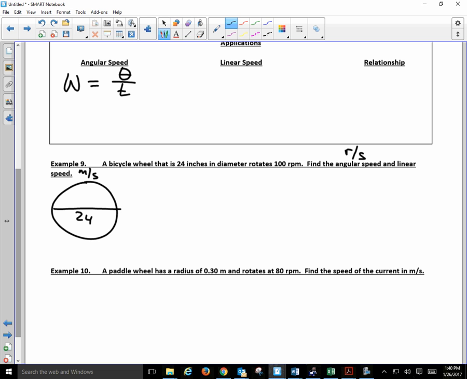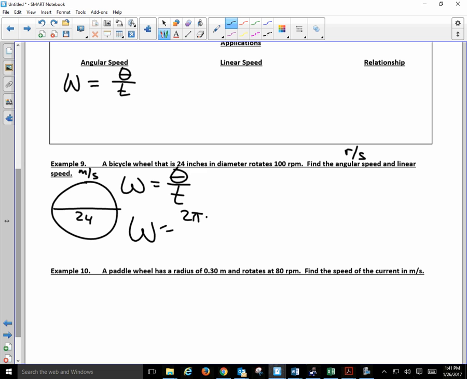So my formula for omega is to take theta and divide it by t. Now, theta is your angle. It's 100 rotations. What is 1 rotation in radians? 2 pi. So 2 pi is 1 rotation.